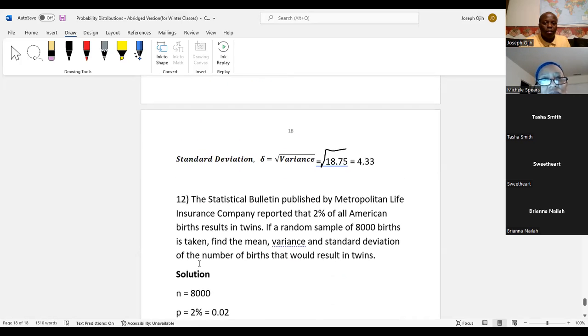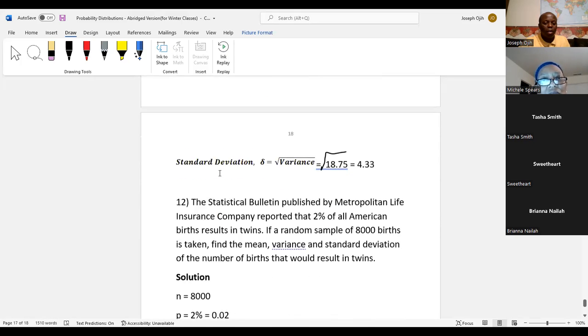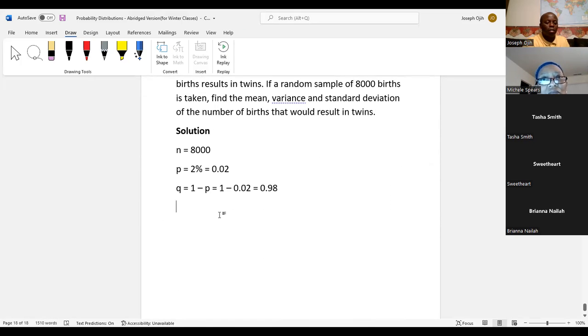So we have the mean. Again, the formula becomes: what's the average number of births that result in twins?